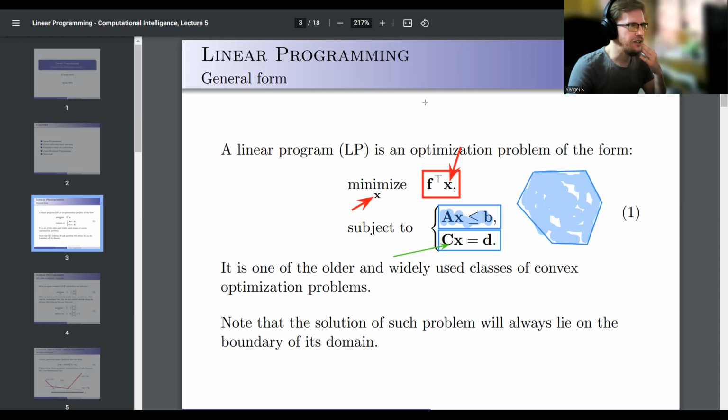How can it look in practice? Well, in practice, it can look something like this, for example. What I draw here, this line, will be a one-dimensional hyperplane in two-dimensional space. So that would mean that our actual domain in this problem would only be this part.